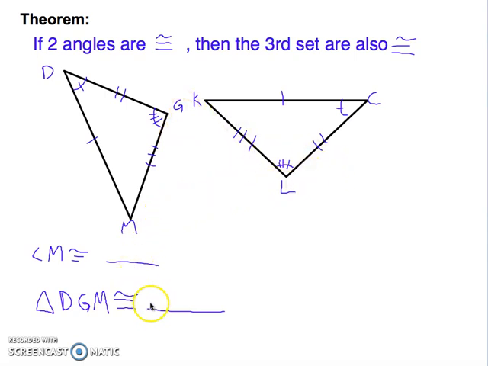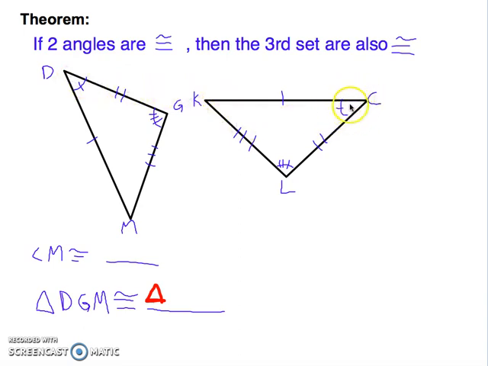Triangle DGM has to be congruent to triangle. Again, when you look up here, you have to make sure your corresponding parts match up. So if I said D first, which letter corresponds to D?